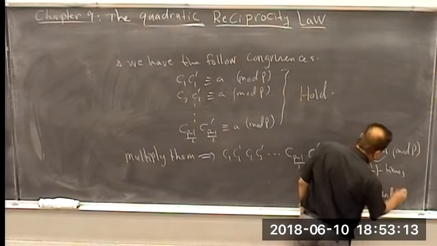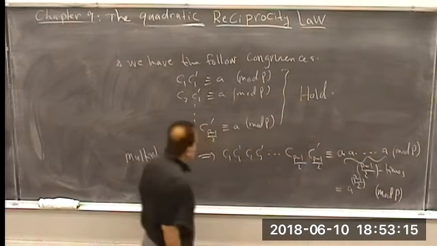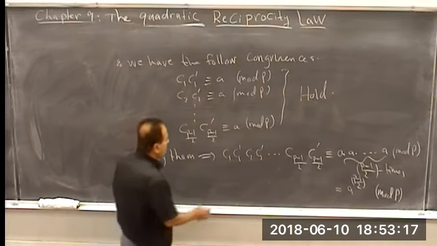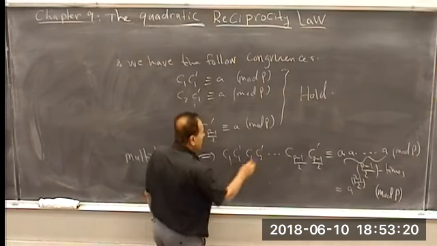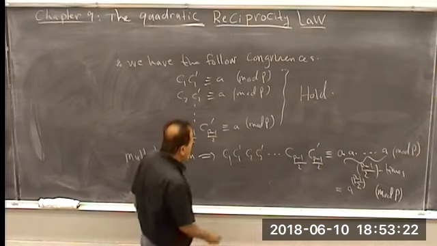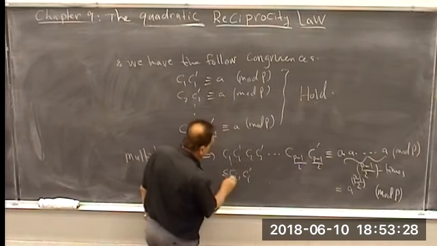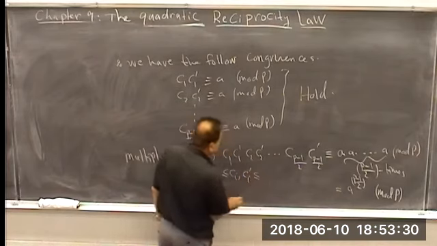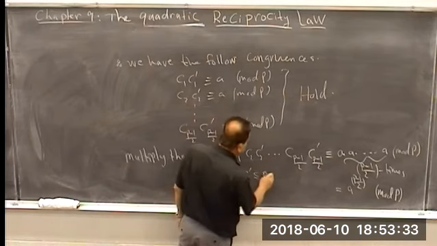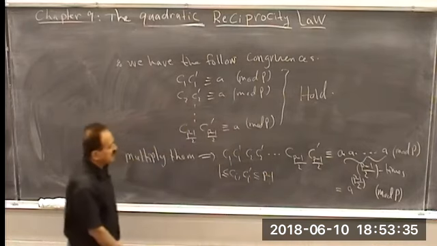Now, on the left-hand side, remember that all these C's and C primes belong to the integers from 1 to P minus 1, and they are distinct.